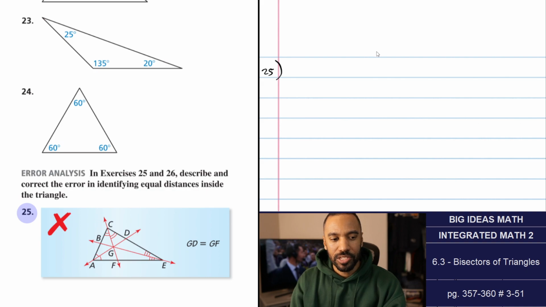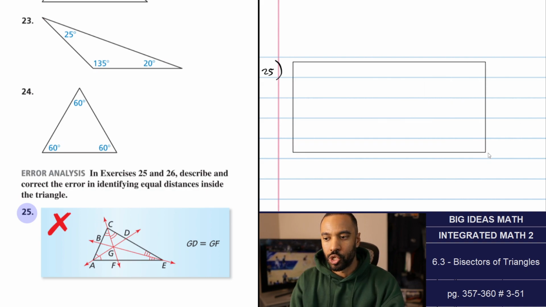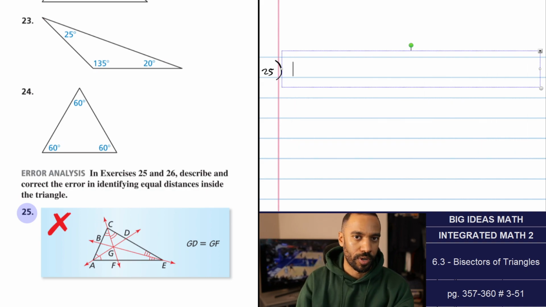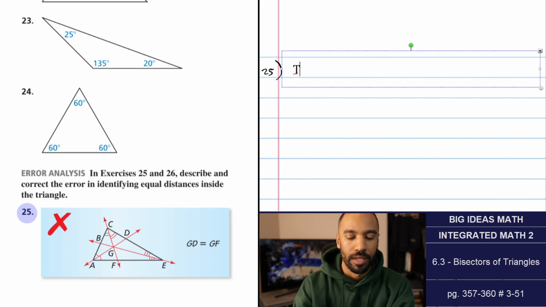So it's hard when they say correct the error, as in do it right, because I don't have new points to do it off of. But let's just say that.